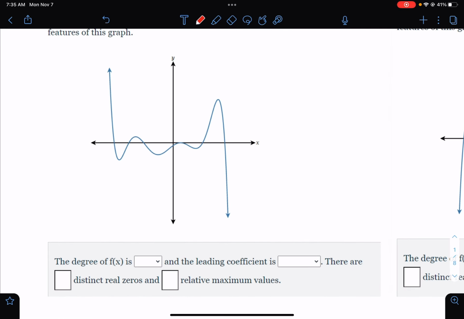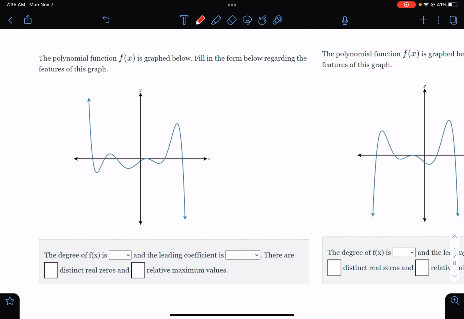So if we look here, they want us to fill in this information. We've got to figure out the degree, the leading coefficient, and the number of real zeros, and maximum values. So we can get all this just from looking at the graph. If we look at the end behavior, we can see that as x goes to negative infinity, f of x goes to positive infinity, right?